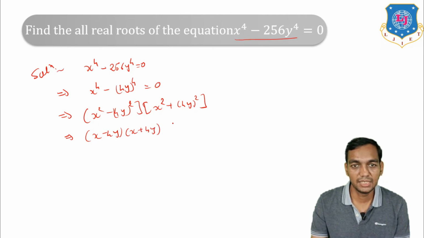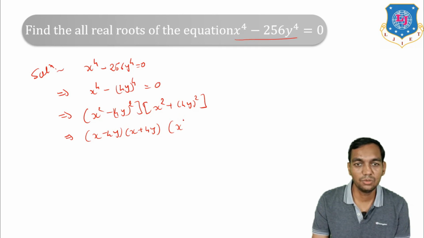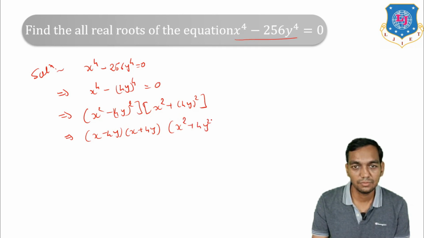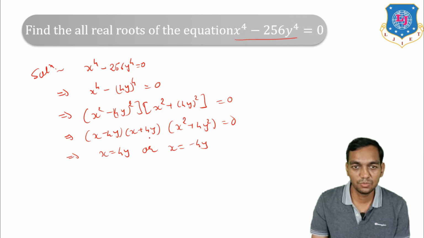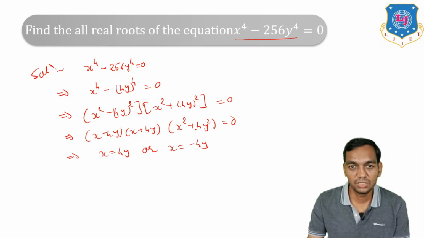But we cannot factorize this one. If you have to factorize, then it will be in the form of complex. So from the first one we get x is equal to 4y, or you get x is equal to minus 4y from the second one, and from the third one you get x square is equal to minus 4y square.